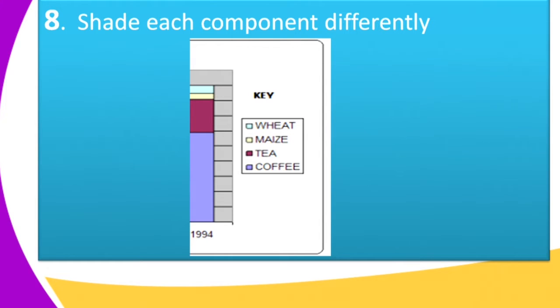Then you should shade each component differently. In our cumulative bar graph, because we are computing different commodities in one graph, you shade each commodity differently. For example, here you have coffee that is purple, tea that is maroon, maize that is yellow, and wheat that is sky blue in color.